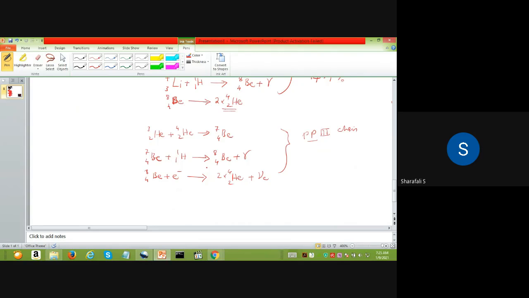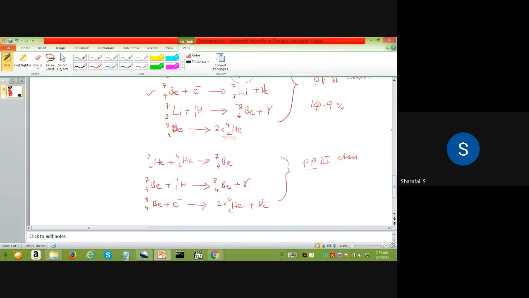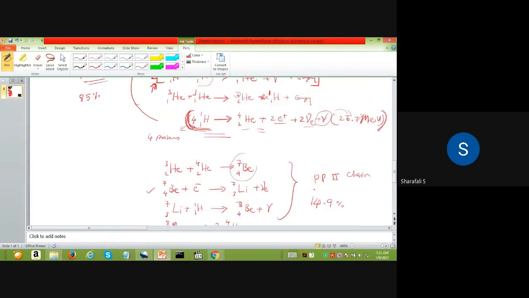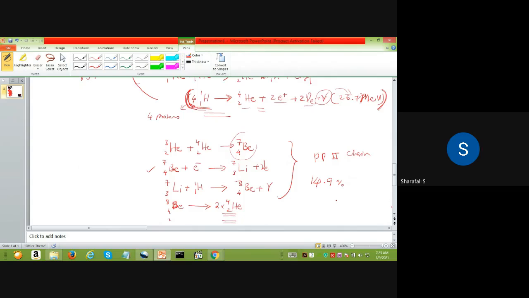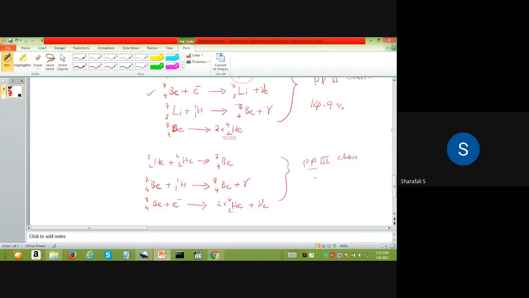Now there is another cycle. In all these reactions, we will be getting 26.7 mega electron volts of energy as output. But the probability for the reaction is 85% for PP1, 14.9% for PP2, and only 0.1% for the PP3 reaction.